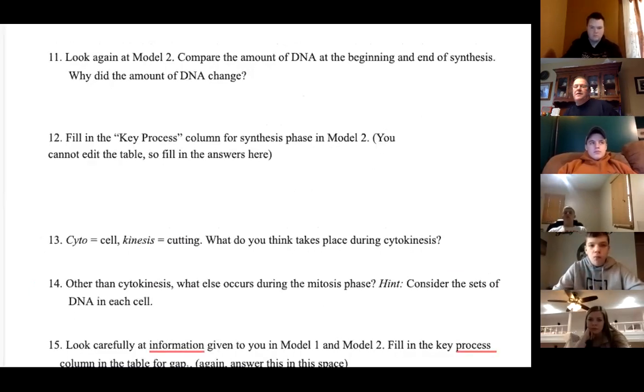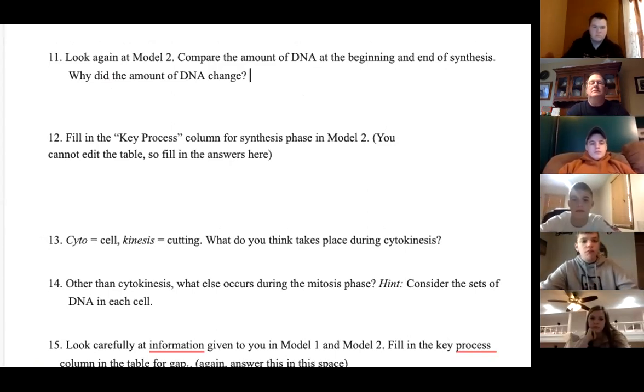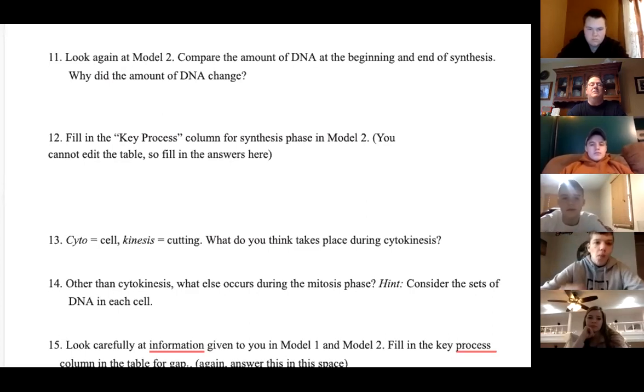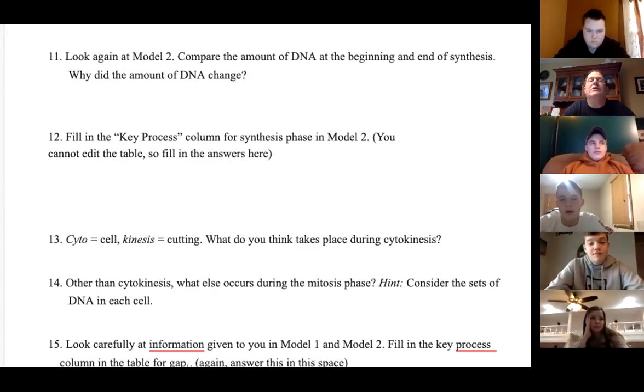Okay, I think we left off on number 11. Look again at model 2, compare the amount of DNA at the beginning to the end. All right, who's got a good answer? How does the amount of DNA change? Just yell it out. It doubled. Yeah, it doubles. Why can't I type? Okay, hold on.